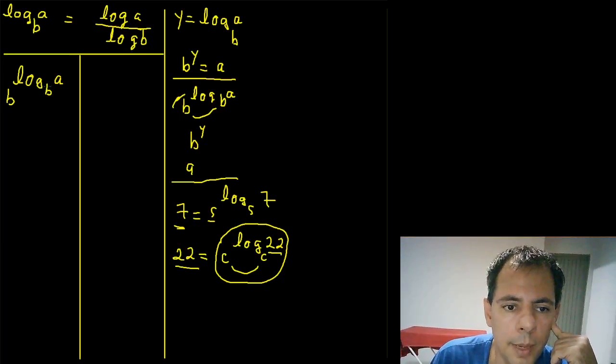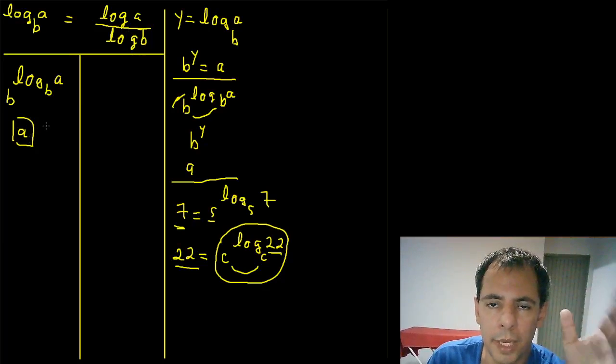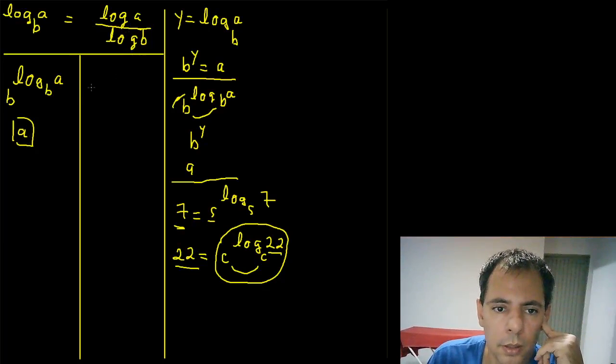These two bases are the same, so the whole thing equals a. This side is done. Now if I can turn the other side into a without breaking any mathematical rules, that proves that the two sides are the same. So I did it to this side, I have to do it to the right side too. I gotta do b to the log of a divided by the log of b.